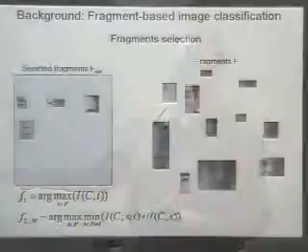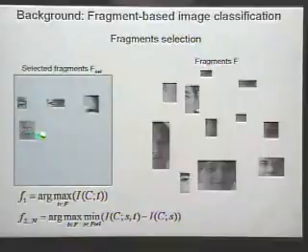Can I look at that equation real quick? So this is the max over the min? Yeah, I can explain it. Suppose that we have this fragment as a candidate. We go over all the fragments that are already selected.